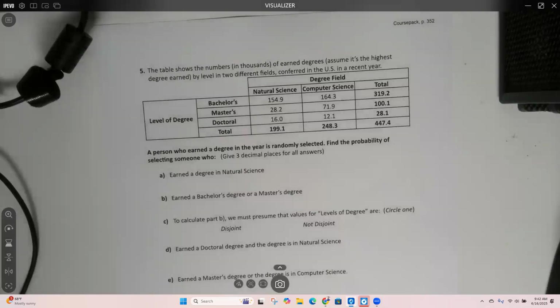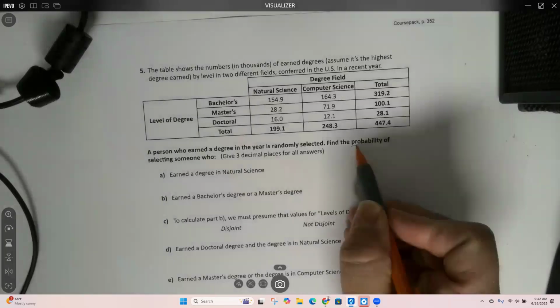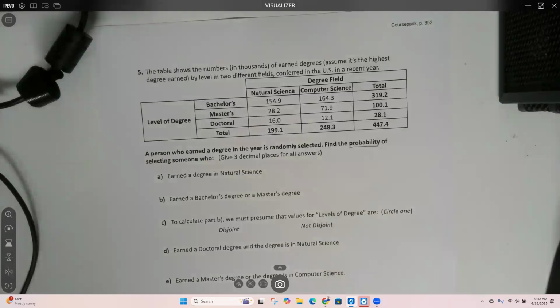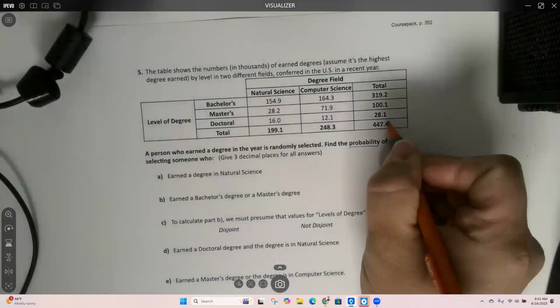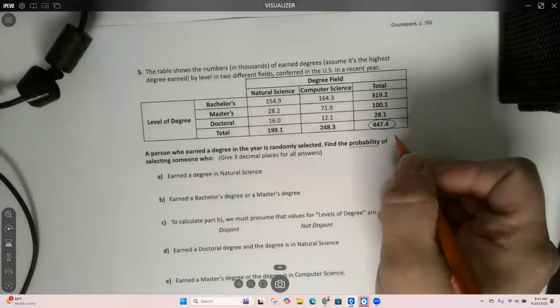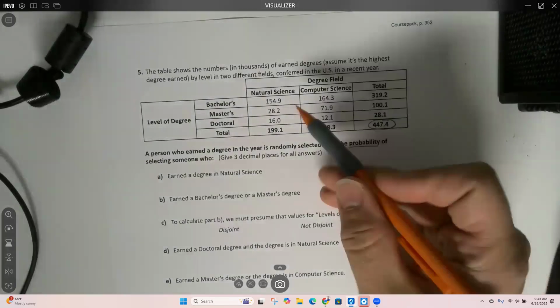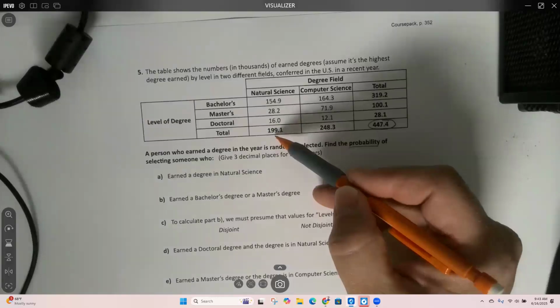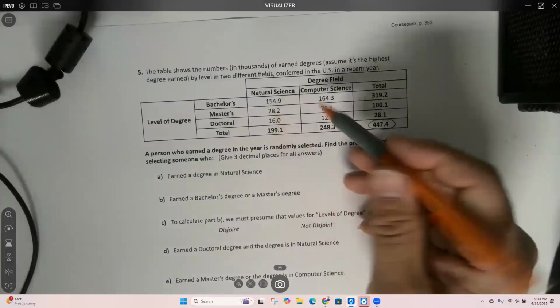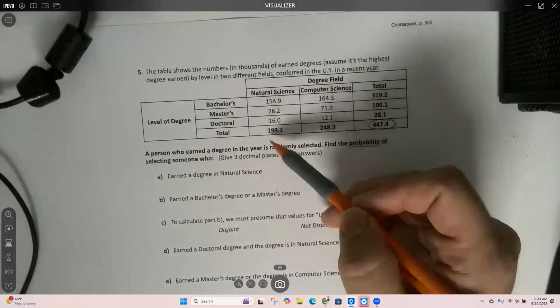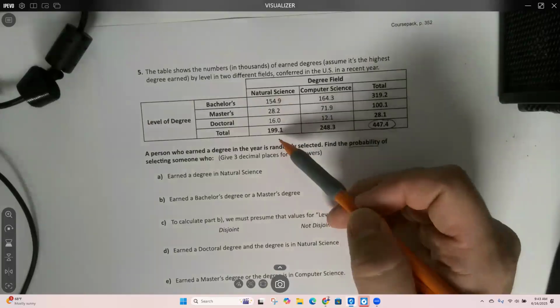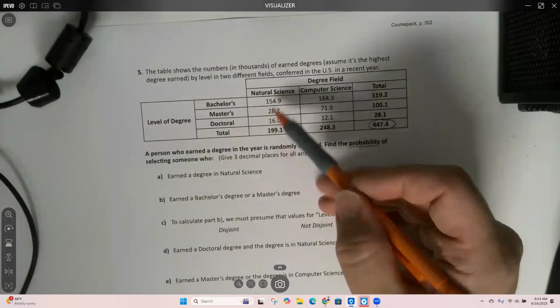When we're doing probability, it's a ratio. It's the number of wanted outcomes on the top divided by the total number of outcomes on the bottom. The total number of outcomes is this guy right here. So you have 199 total for natural science. These, by the way, are measured in thousands. So it's not actually 199 people, because you can't have 0.1 people or 0.1 degrees, right?